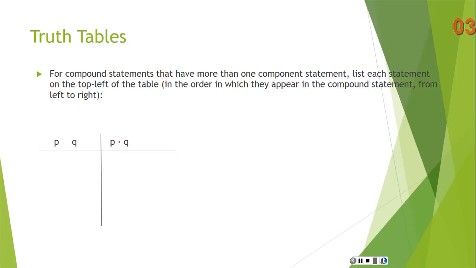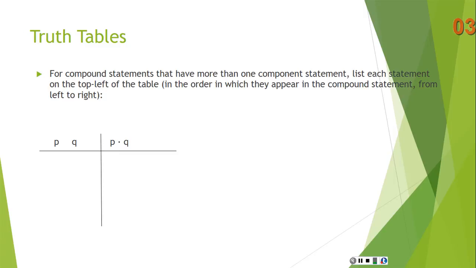What you should do with a compound statement that has more than one component statement is list each component statement on the top left of the table in the order in which they appear in the compound statement from left to right. So in our compound statement P.Q, P is first, Q appears second.